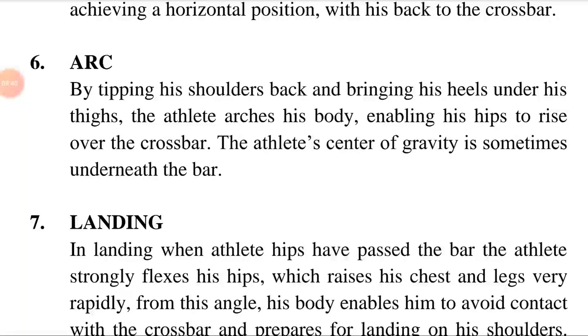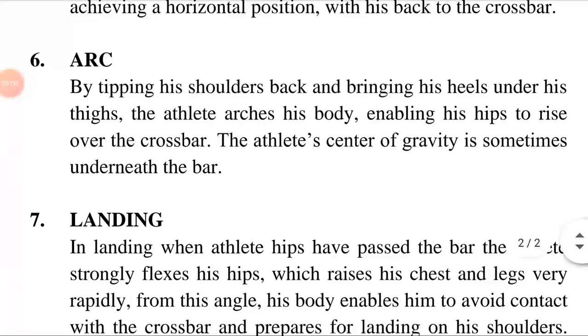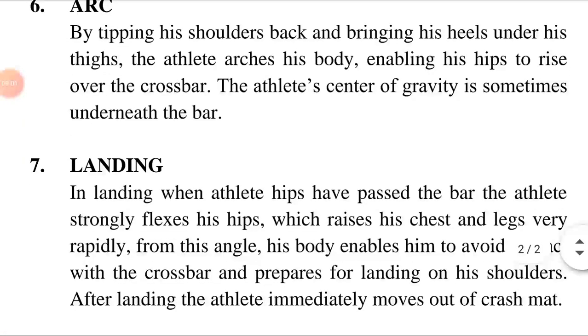The athlete makes a curve in his body. Due to that, his hips rise over the long rigid metal bar. The athlete's center of gravity is sometimes underneath the bar. Means the point from which the weight of the body may be considered to act is directly below the long rigid metal bar. Landing.